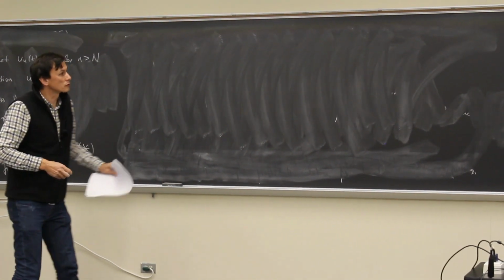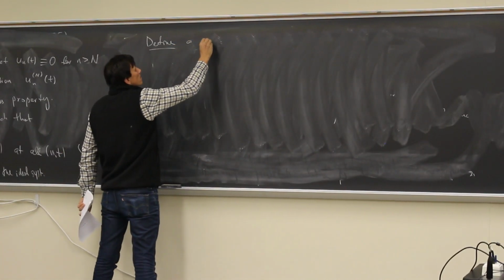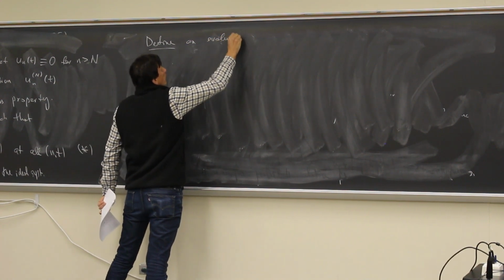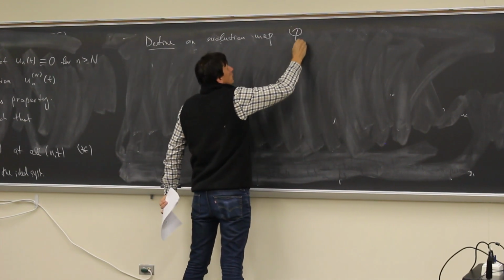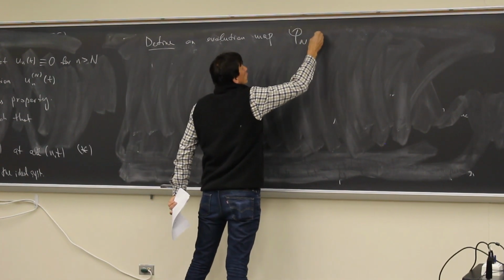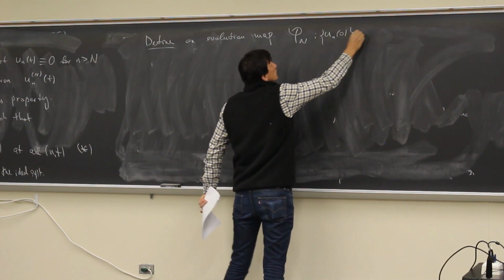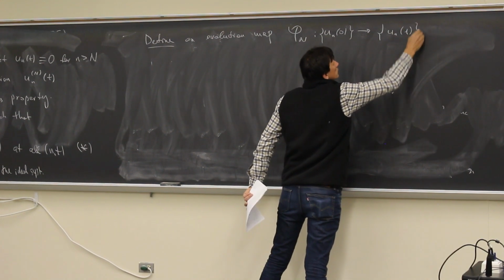Okay, so what is the idea? I'm going to talk tomorrow. It turns out that if you define an evolution map, psi n, which maps the initial condition to u n at time 1.